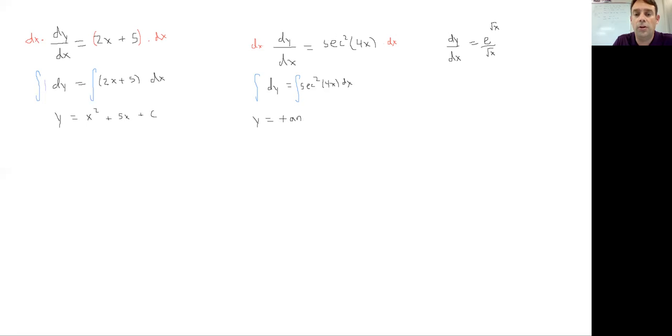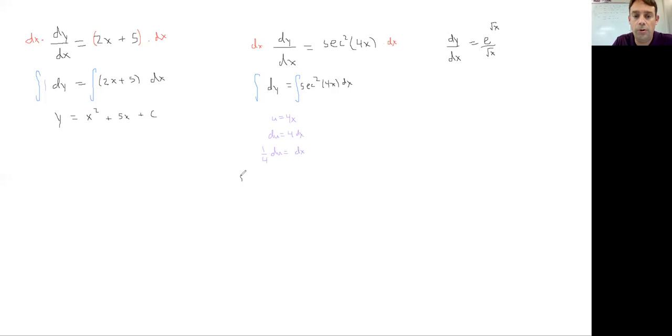Oops, I need to backtrack, don't I? I could go right into y, but I have an issue. I have this 4x here. Better probably do a quick little u sub here to see if I can actually do this. So u equals 4x. du is 4 dx. So 1/4 du equals dx.